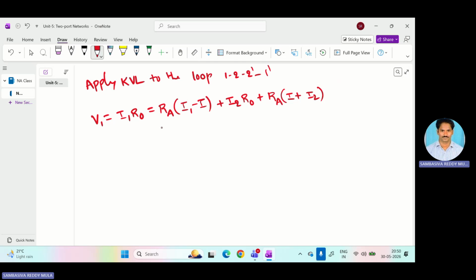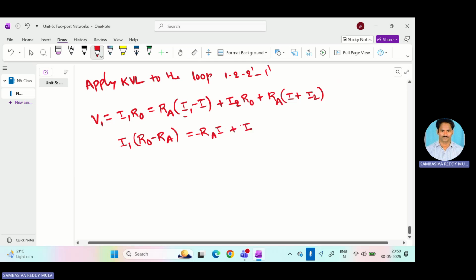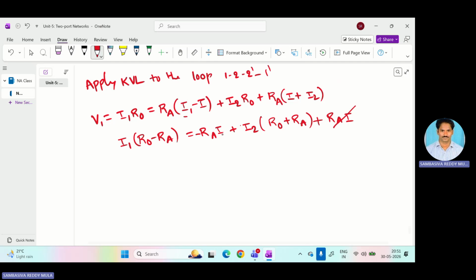If you expand this, write the I1 terms on one side and the I2 terms on the other side. Taking I1 as common, here is RA into I1, so we get R0 minus RA, and the other remaining term is minus RA into I. Taking I2 as common, R0 plus RA, plus RA into I. The plus RA into I and minus RA into I get cancelled.